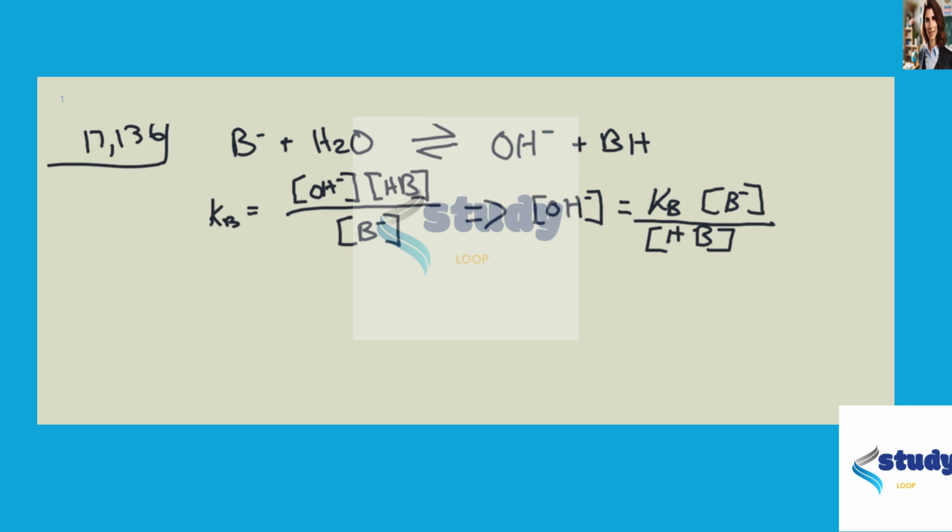We can take the negative log of both sides. So negative log of OH is equal to the negative log of the opposite side, Kb times B over HB.